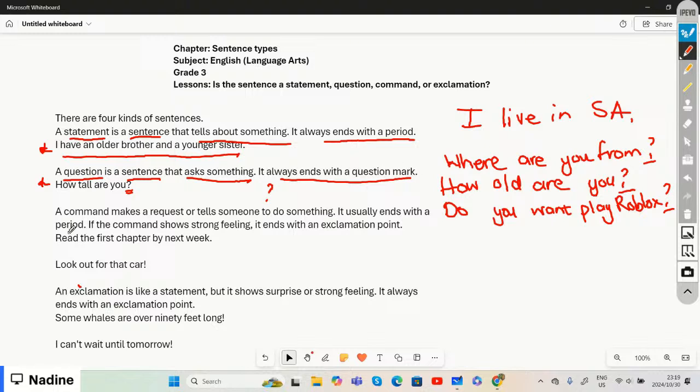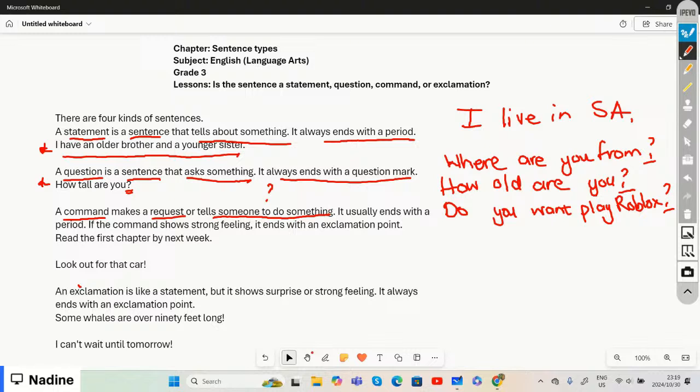Then the next type of sentence that we have is a command. We have a command type of sentence, right? A command makes a request or tells someone to do something. If your teacher were to say, you need to study for the test, then that is a command that they are trying to make.